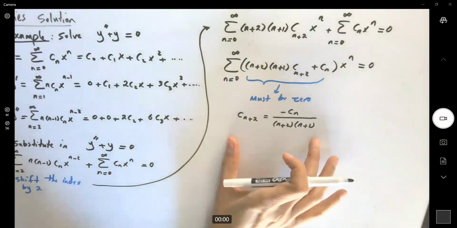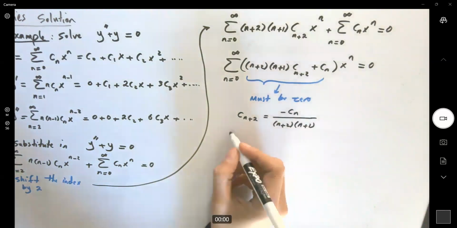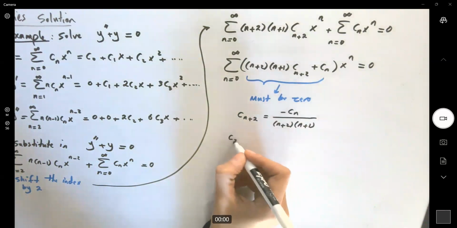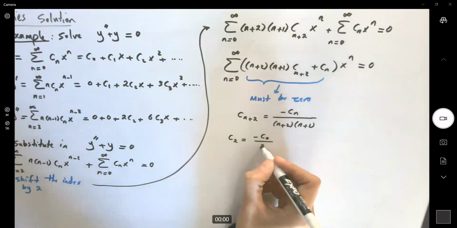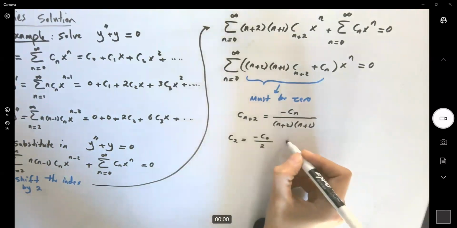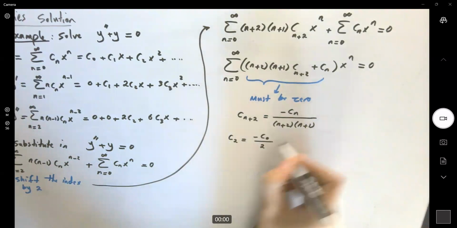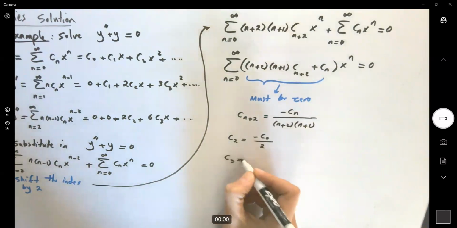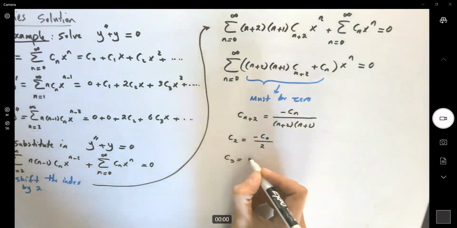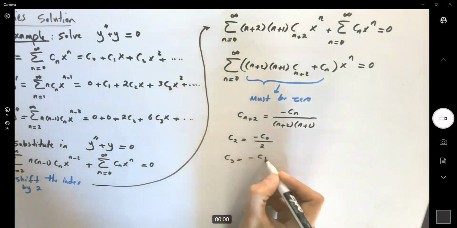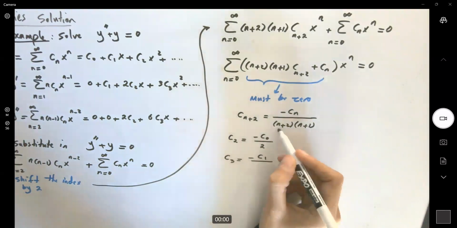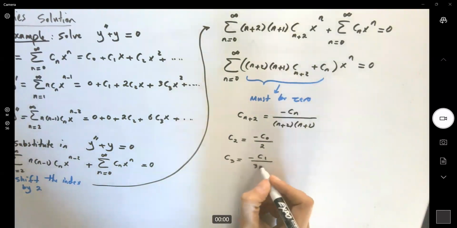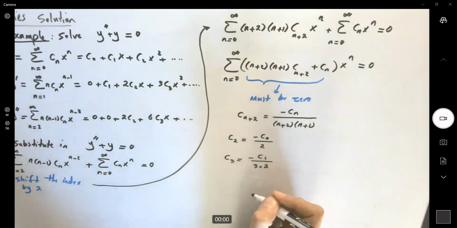So let us analyze this a little bit. c sub 2 is negative c sub 0 divided by 2. c sub 3 becomes negative c sub 1 divided by 3 times 2, which is just 6, or let's write it as 3 times 2.